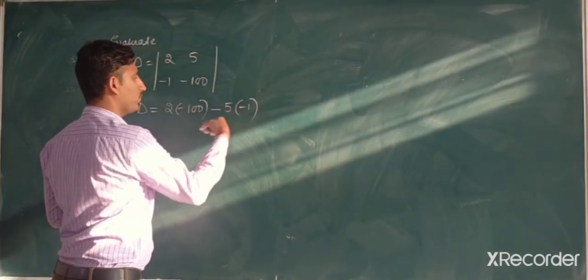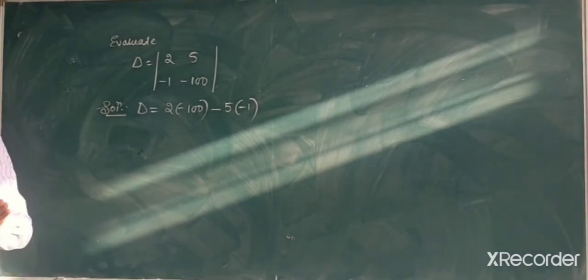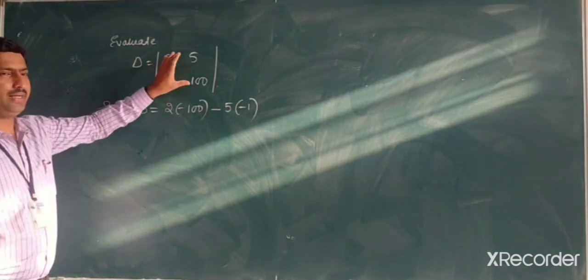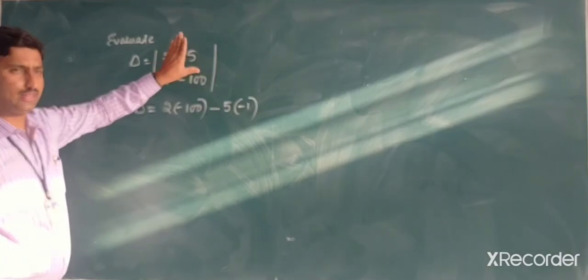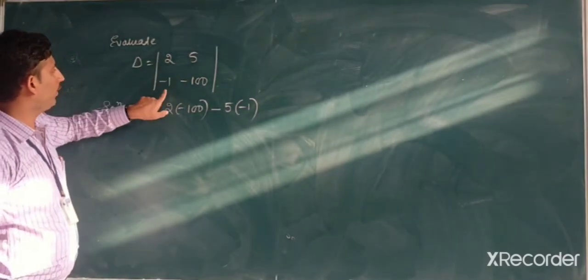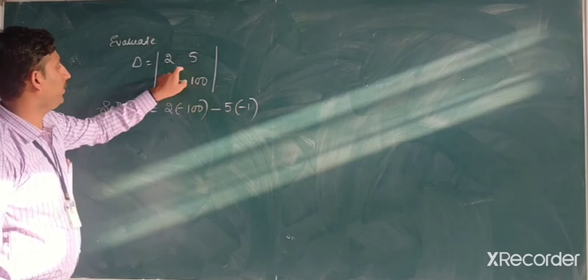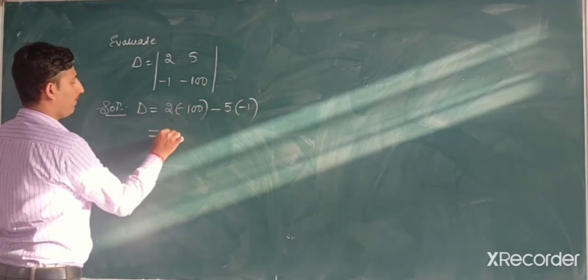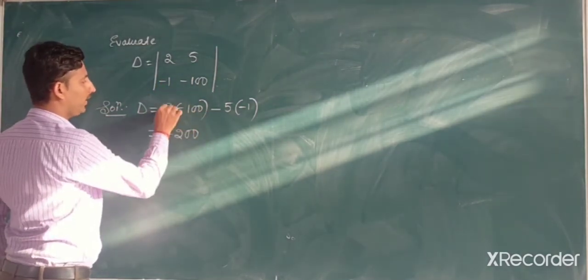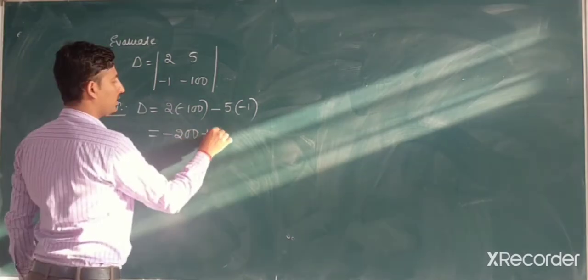Delta is equal to 2 into minus 100 minus 5 into minus 1. Now it becomes a determinant. That is minus 200, and minus of minus 5 is plus 5.